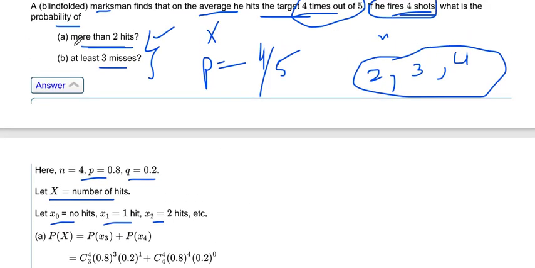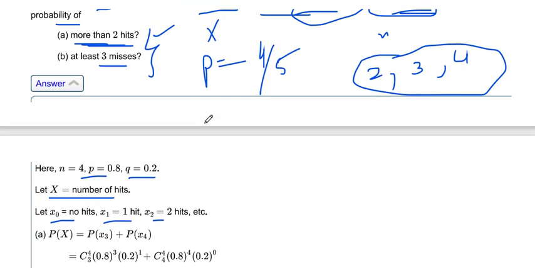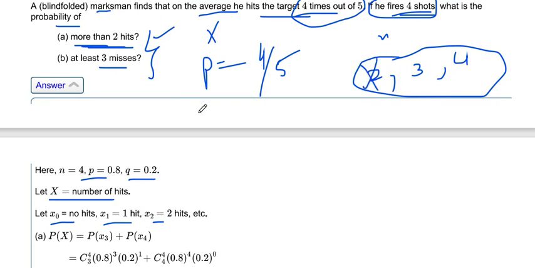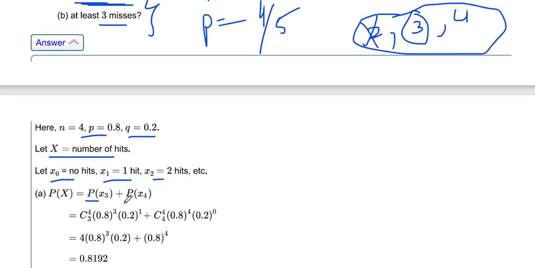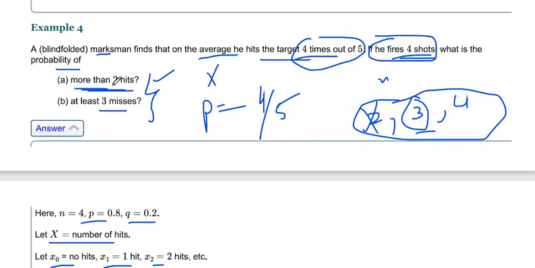So for more than 2, not exactly 2, 3 and 4 come. Both probabilities we have to calculate, because more than 2 means sometimes it gets 3 hits and sometimes all 4 hits. So we have to calculate both and add them.